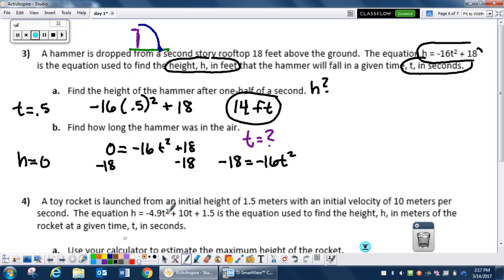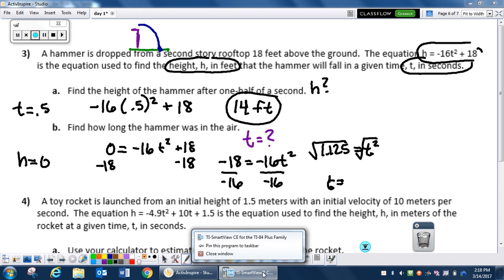Just like you divided by that pi to get rid of the number, you can divide by negative 16. We get 1.125 equals t squared, square root, so hopefully you can see a lot of the stuff we do the same, and we get t equals, let's see how we want to round this.